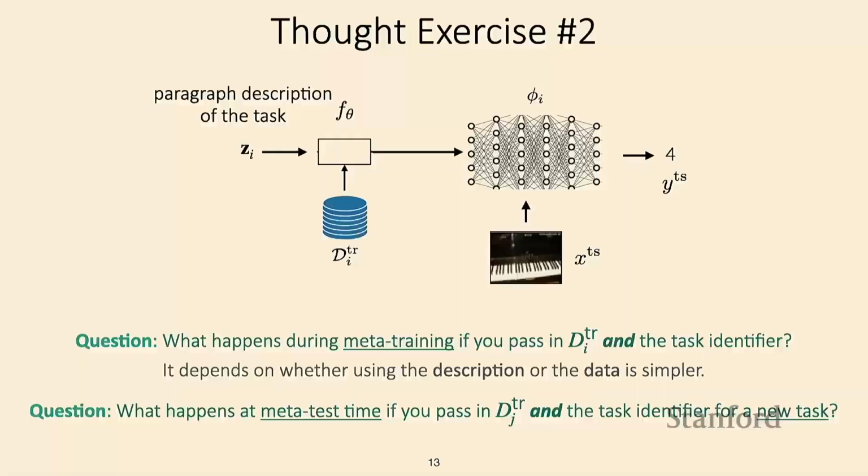And what the network decides to use will depend on how complicated the paragraph is versus how complicated it is to discern the task from the training data. So it depends on whether it's easier for the neural network to use the description or to use the data. And similarly, generalization to new tasks depends on what it decides to use during meta training, and also the structure of that paragraph.